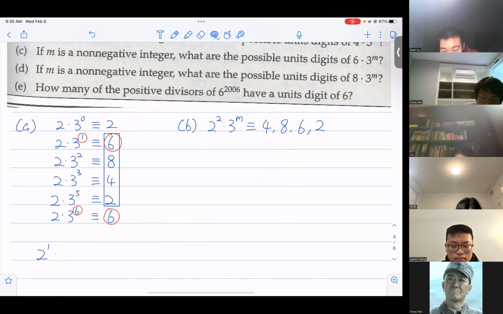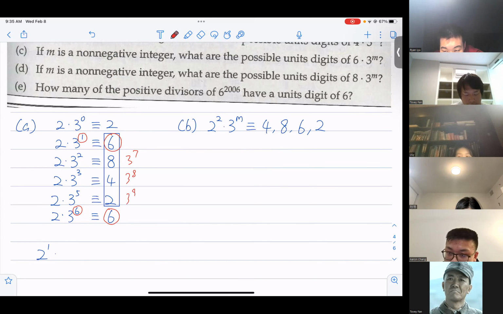Since it cycles in 4, the next time you get a unit digit of 6 should be 4 powers later, then 3 to the 9th.